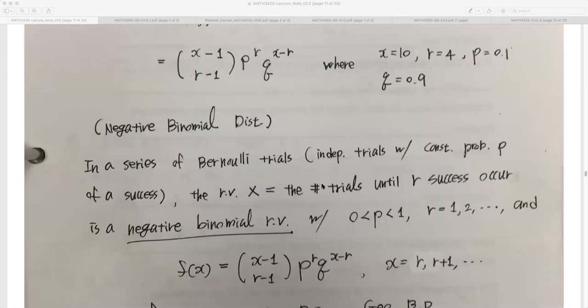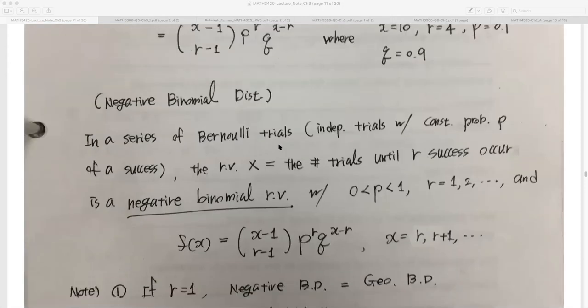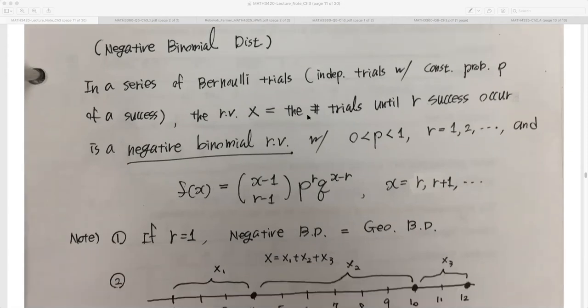To summarize, in a series of independent binomial trials with a constant probability p of success, the random variable x is equal to the number of trials until r successes occur. If r equals 1, the negative binomial distribution is exactly the same as the geometric distribution. So x, the number of trials until r successes occur, is a negative binomial random variable with success probability p, and the PMF is this.